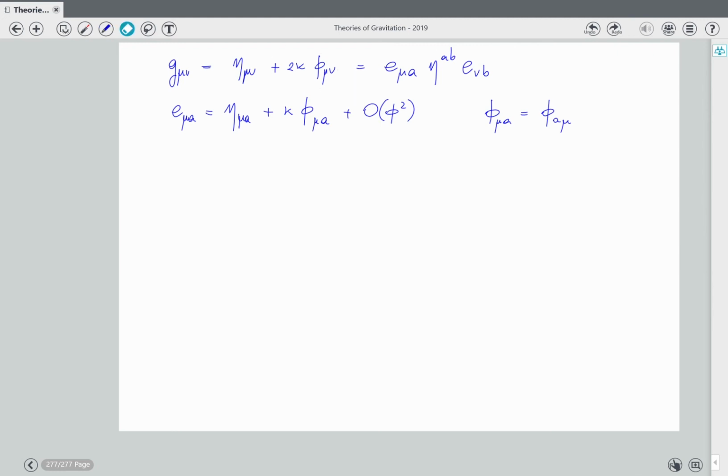The solution is not unique because this equation is invariant under local Lorentz transformations that act only on A and B and do not know anything about mu and nu. So it cannot be unique.